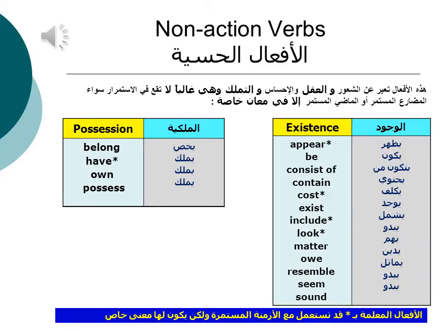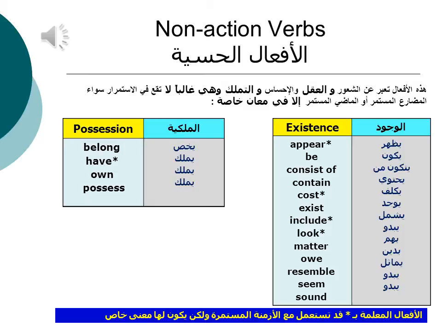Now here are two more columns about non-action verbs. Again, look at the meaning of the verb in Arabic. Read it to yourself if you don't know what it means in English.